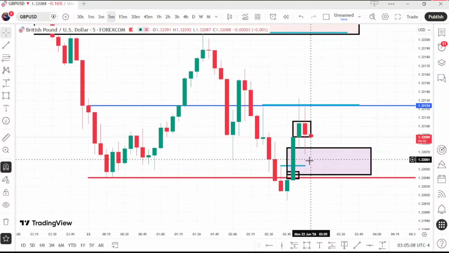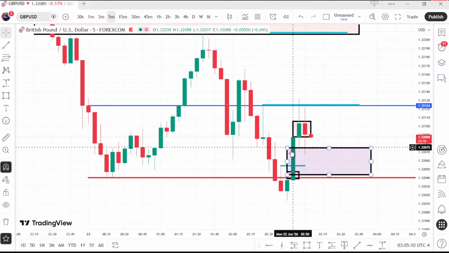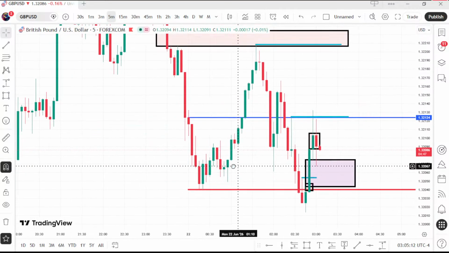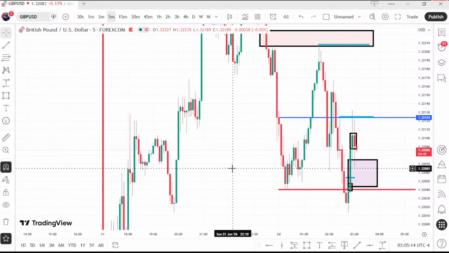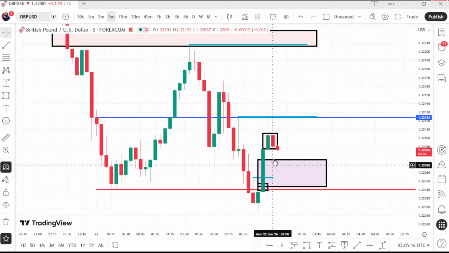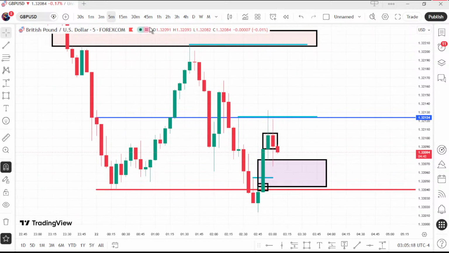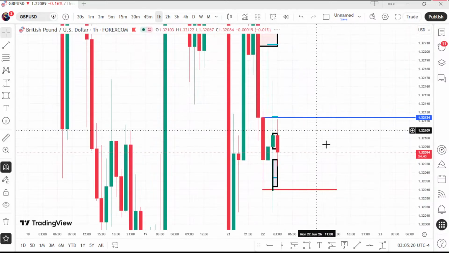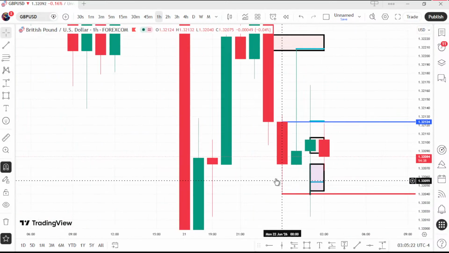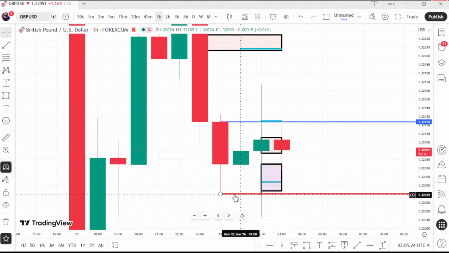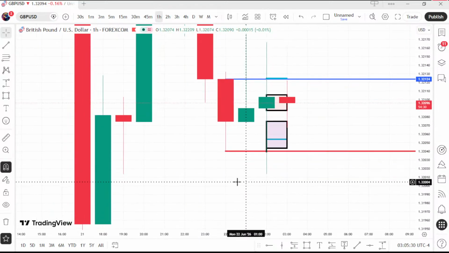But we'll want to see how price will behave with this fair value gap. If it disrespects it, I'm not interested in doing an idea there. But our higher time frame analysis is actually bullish, because despite this area that price has swept these, let's see if we'll see an SMT.